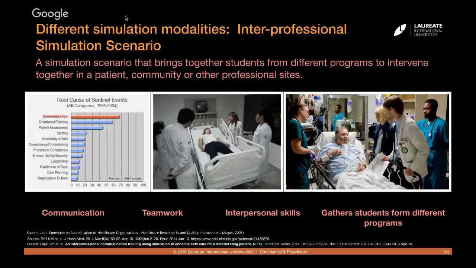So they can discuss clinical cases, they are going to develop communication, teamwork, interpersonal skills, and here is a very interesting finding.